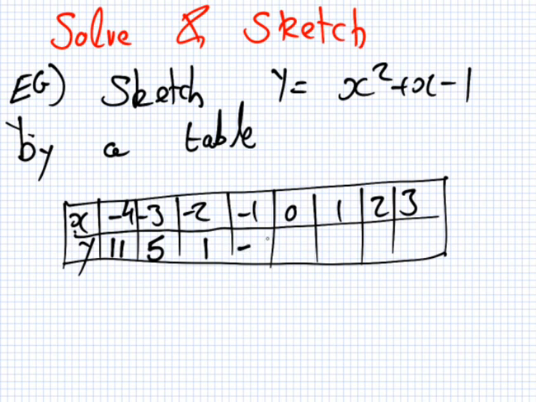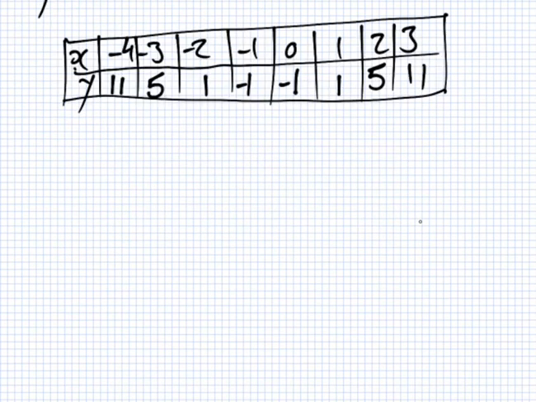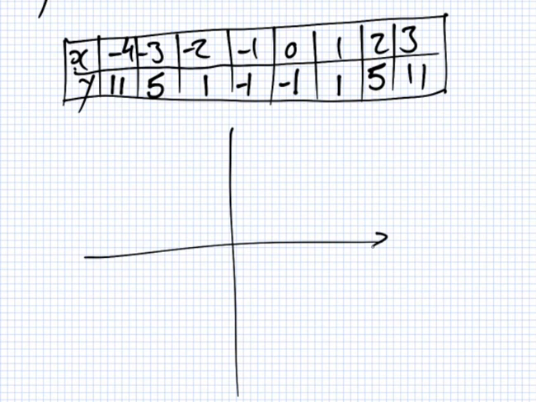Minus 3 squared is 9, minus 3, 5. Minus 2 squared is 4 minus 1, yeah, minus 1. And this is minus 1 again. And then this is 1, 5, 11.